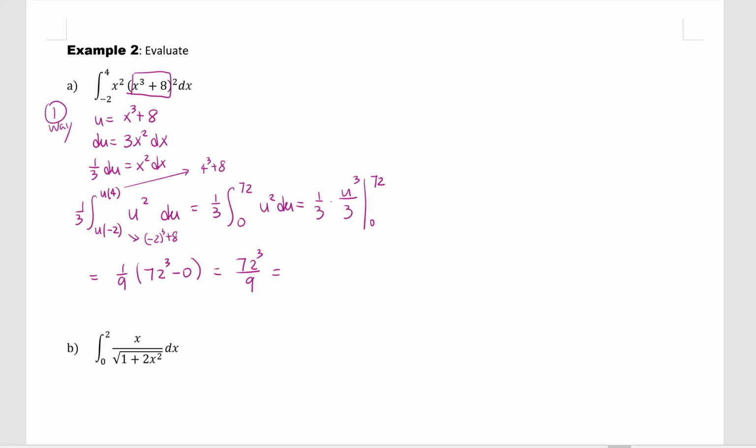Let me put it into the calculator: 72 cubed divided by 9. My answer is 41472. So that is the first way, where you change to the u values and plug in the u values.